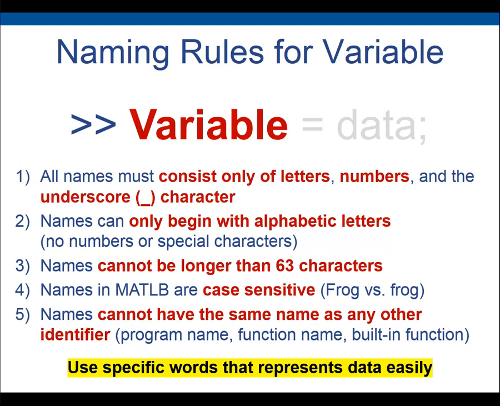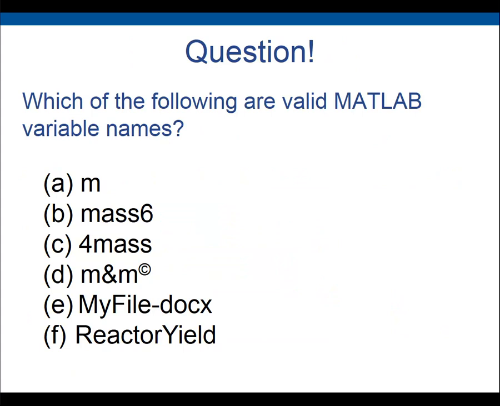So think about when your program becomes complex; you have to make your variable names more specific. Try to use a specific word for your variable so that you can remember the name very quickly and intuitively. It logically makes sense. Okay.